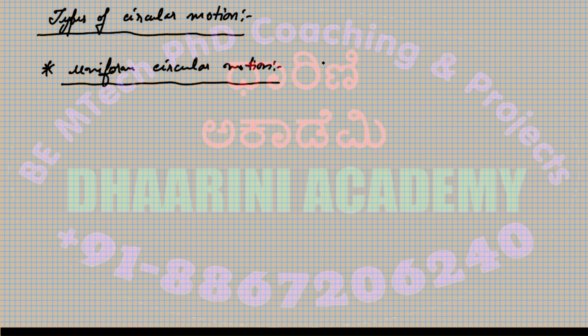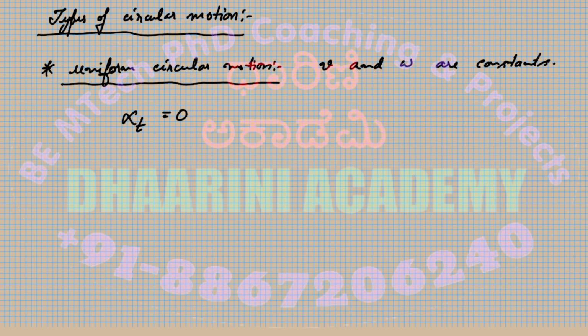In this case, v and omega are constants. In such a case, what is alpha t? This becomes 0, because v is a constant. Alpha t is dv by dt, and v is a constant, which means dv by dt is 0. That's why alpha t is equal to 0.